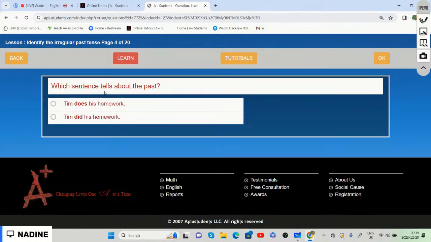So, which sentence tells about the past? Do we say Tim does his homework or Tim did his homework? So, is it does or did? Which one shows the past tense?